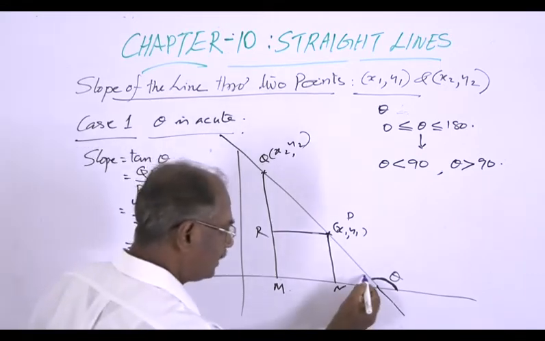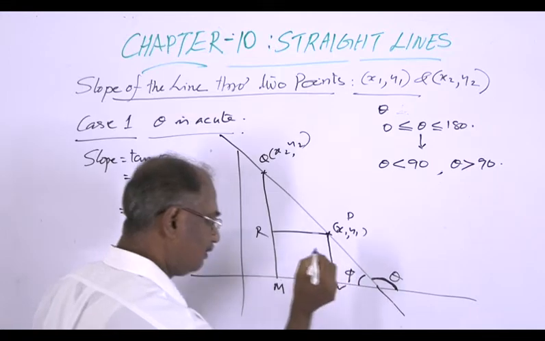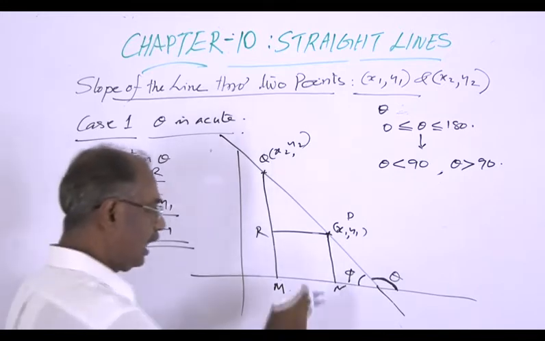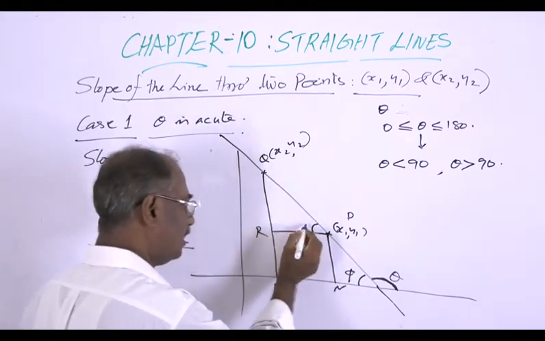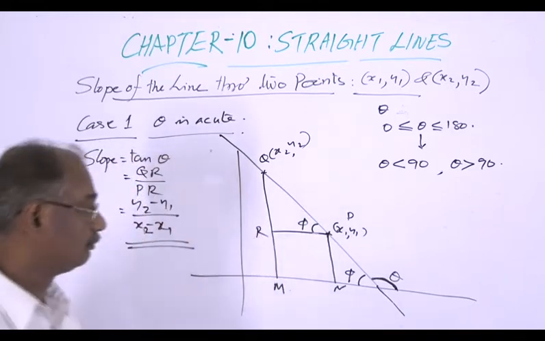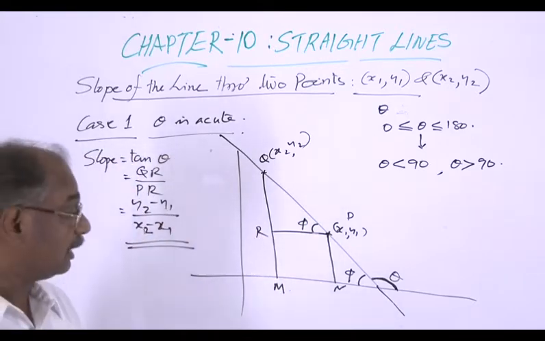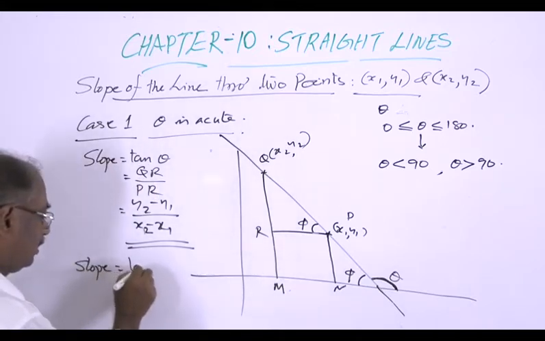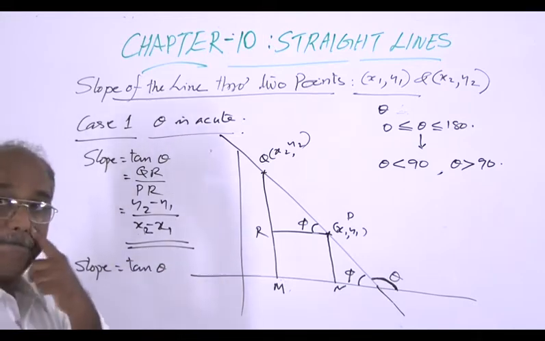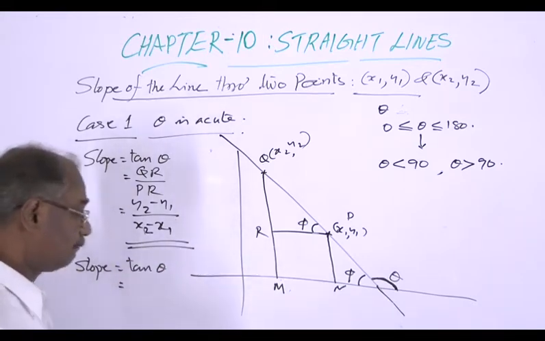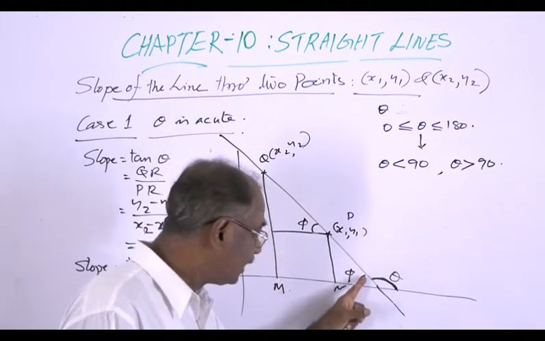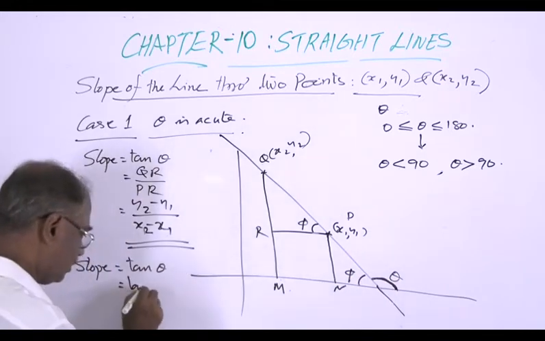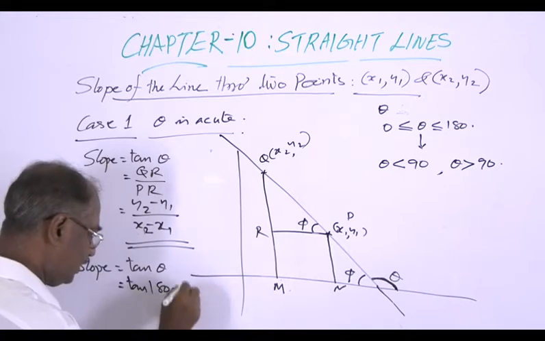Now suppose this angle is, say, phi. This angle is theta, and in this triangle, this angle is also phi. And then the slope is tan theta. And theta is 180 minus phi, so this can be taken as tan of 180 minus phi.